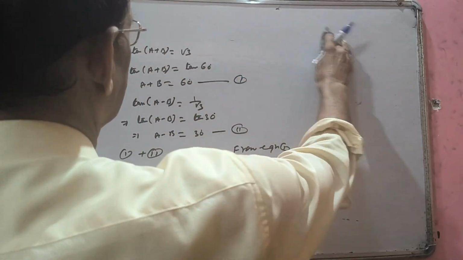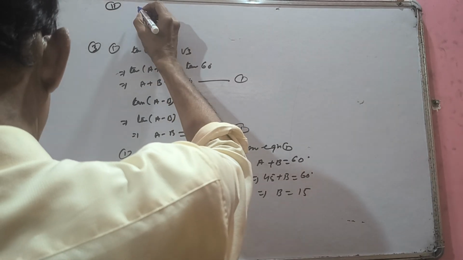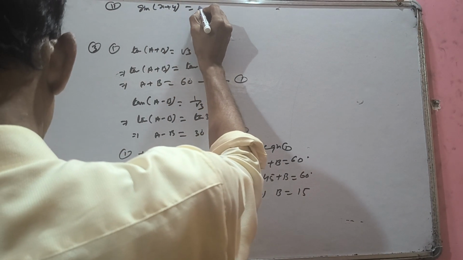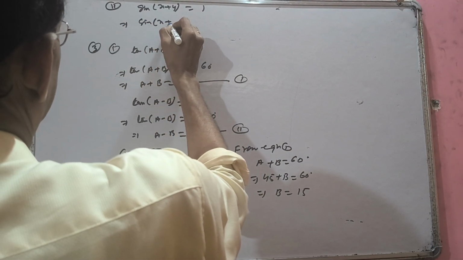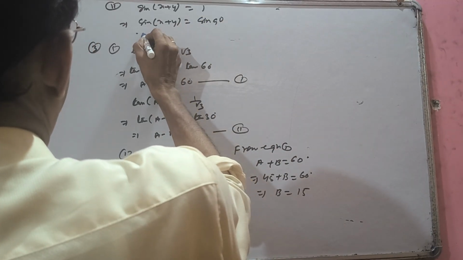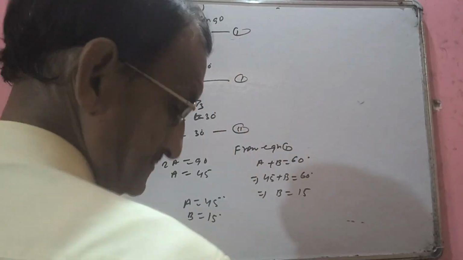These two sums are important. What is given in number 2? Sin x plus y equal to 1. That will give you sin x plus y equal to sin 90 degree. So therefore what will you get? X plus y equal to 90 degree, equation 1.